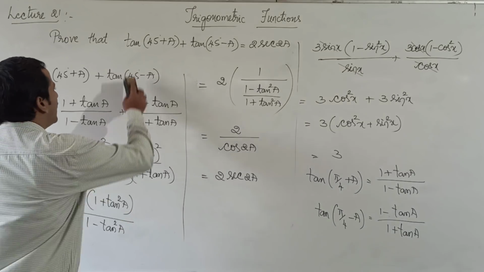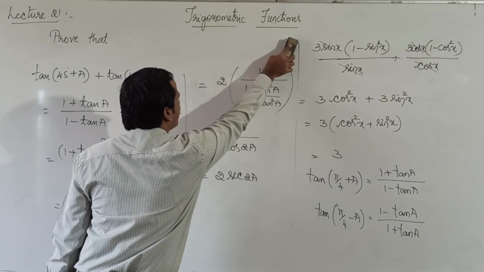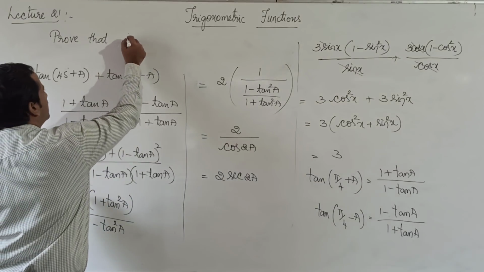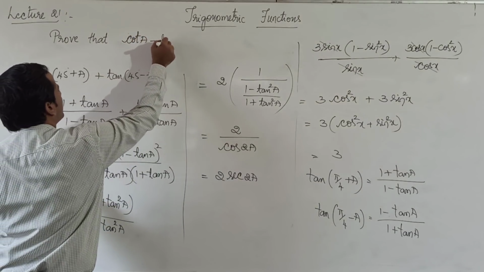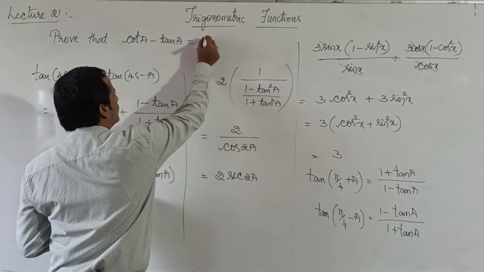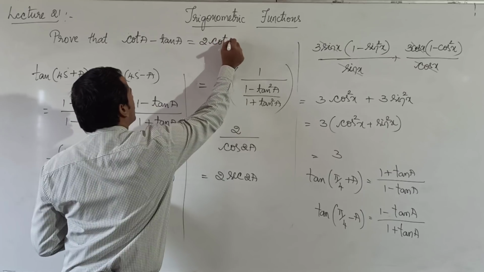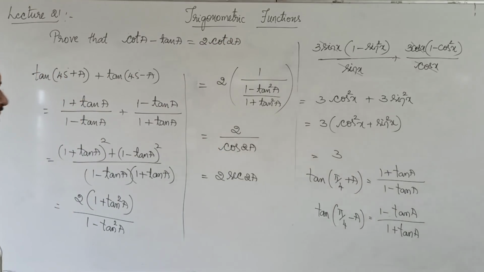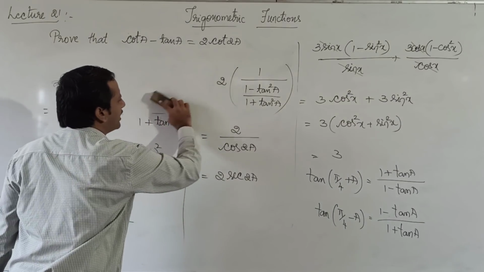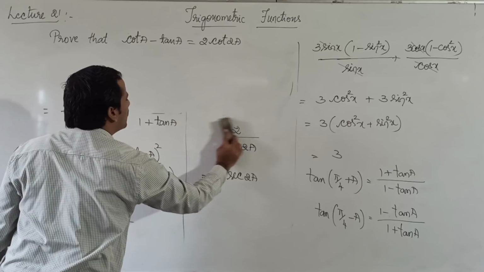After this, I will give you one problem as homework: prove that cot A minus tan A is equal to 2 cot 2A. You try this problem, this is homework for you.